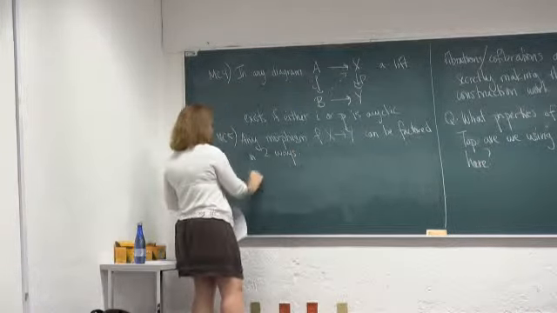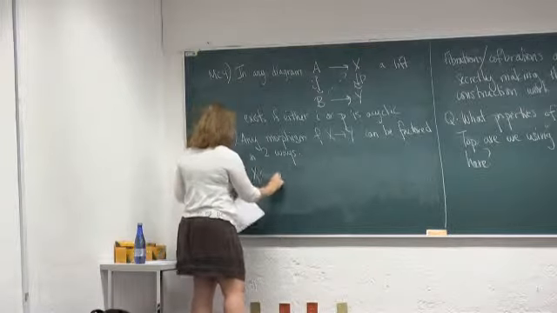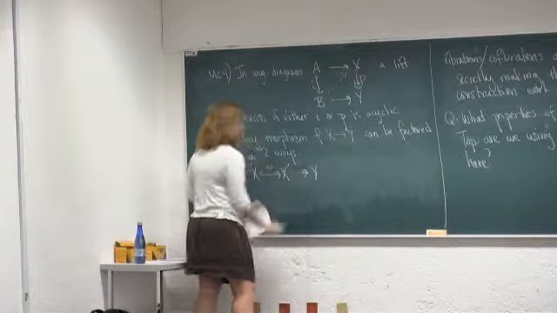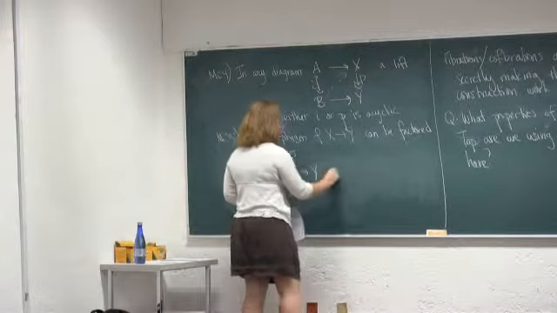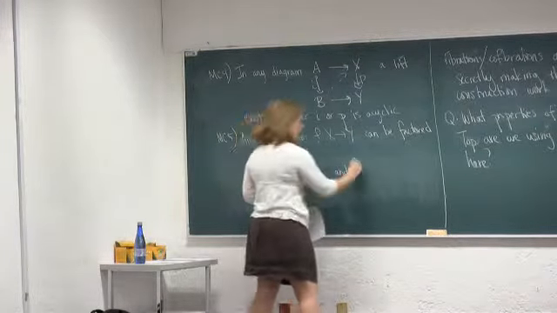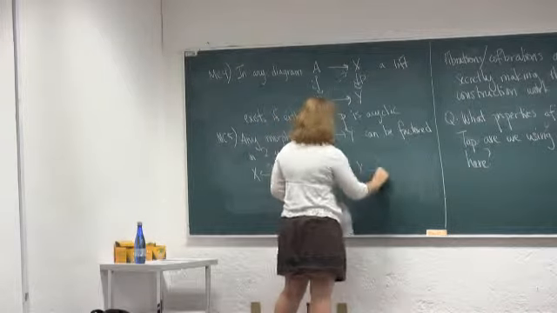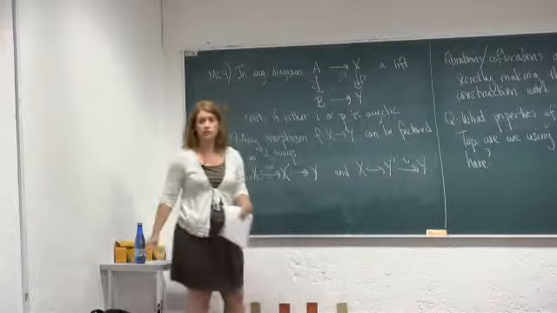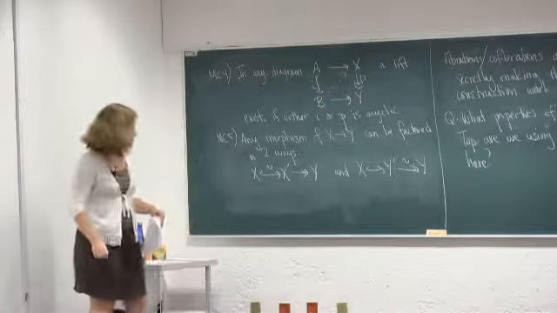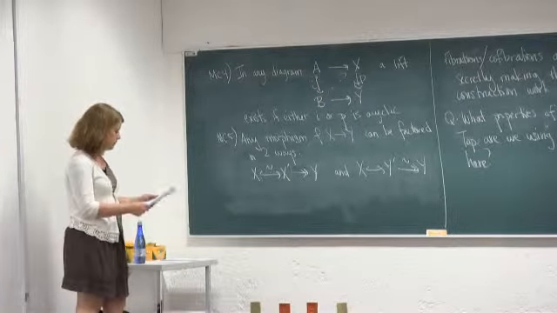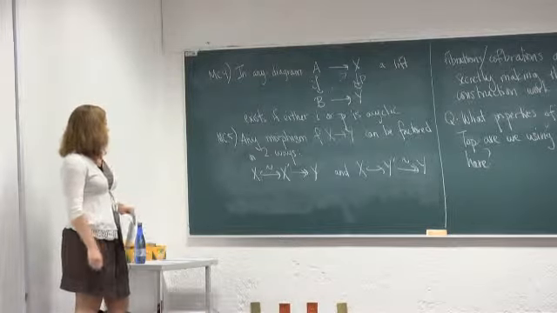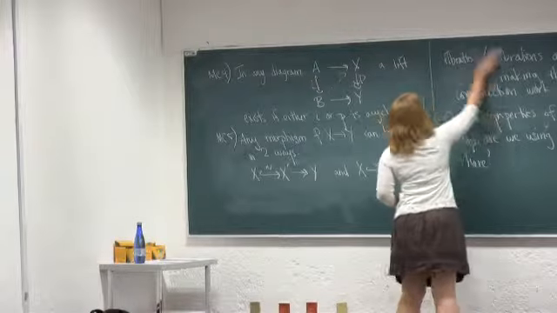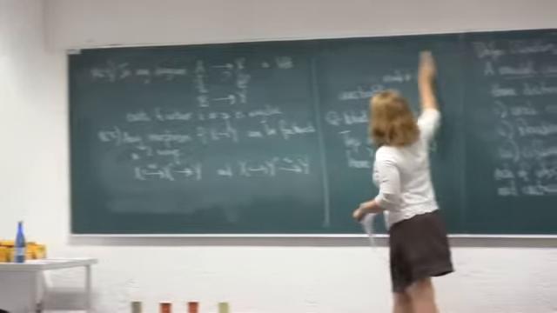I can either factor it as an acyclic cofibration followed by a fibration, and I can also factor it as a cofibration followed by an acyclic fibration. So that's the data of a model category.